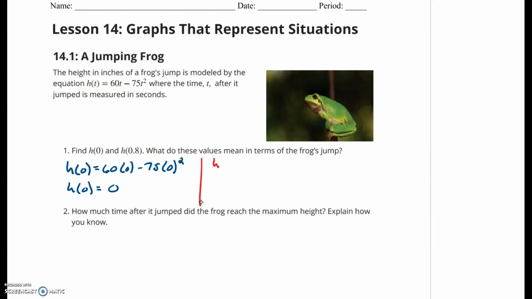Okay, so we do the same thing. Substitute in 0.8 wherever we see the t. 60 times 0.8 minus 75 times 0.8 squared. And to do this, we're just going to put that right in the calculator exactly how we see it.